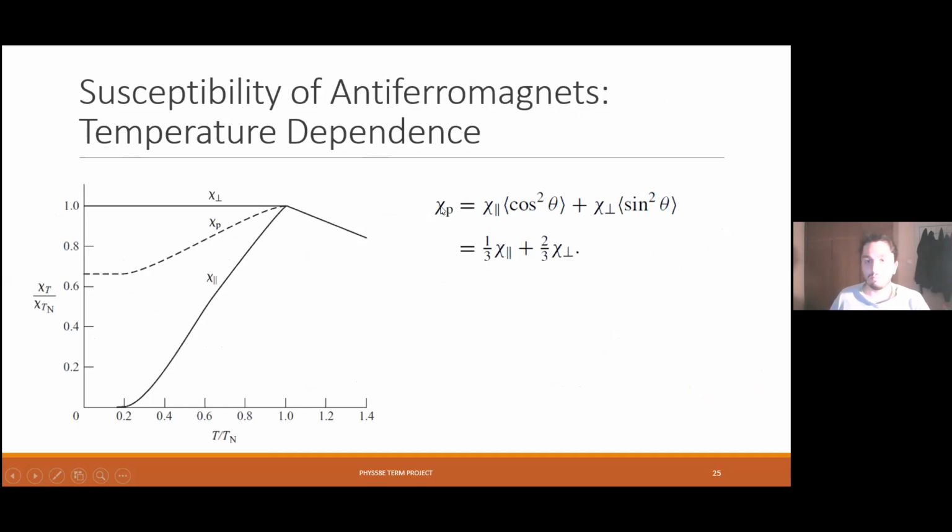This term is the susceptibility of a powdered material, which means that if we have a polycrystal, which includes both perpendicular spins and parallel spins, this is the way we calculate its susceptibility. And this is the total picture of how the susceptibility of the material changes depending on the anisotropy of the incoming external field and temperature.